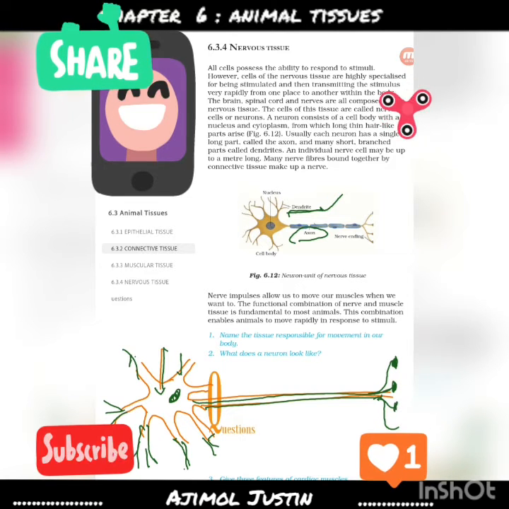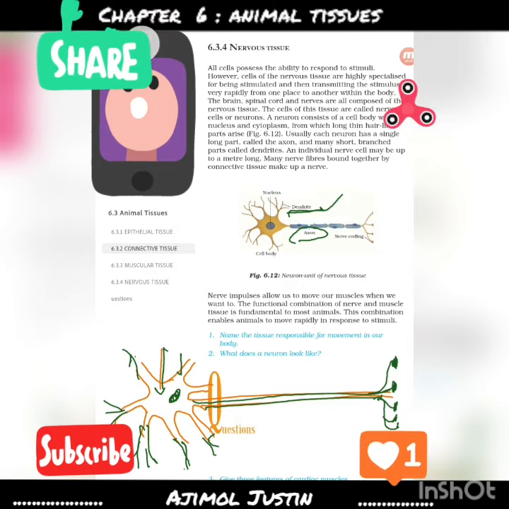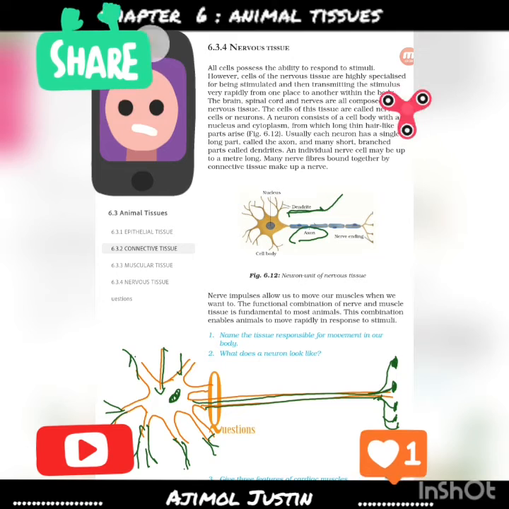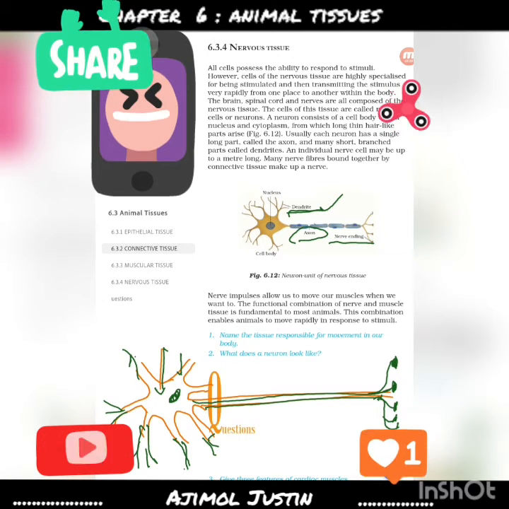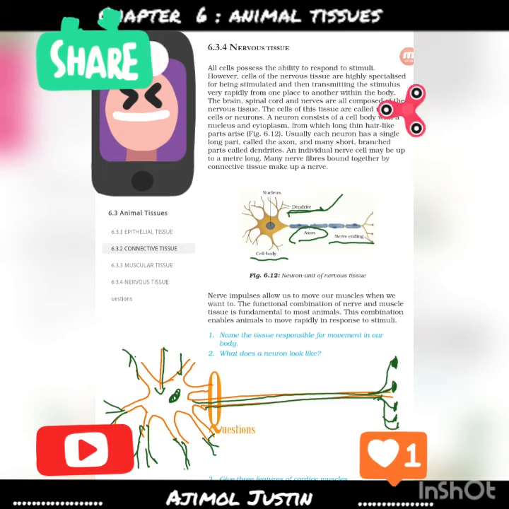Okay, and these are called presynaptic knobs. Now you don't have to learn much about it, but they are called the nerve endings. It is the ending of a nerve. Okay, they are called the nerve endings, right? So what does a neuron consist of? Neuron consists of a cell body.